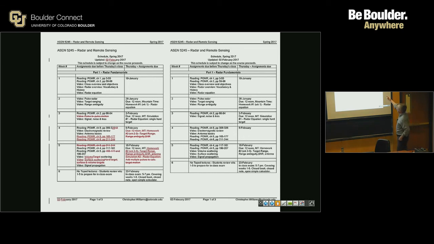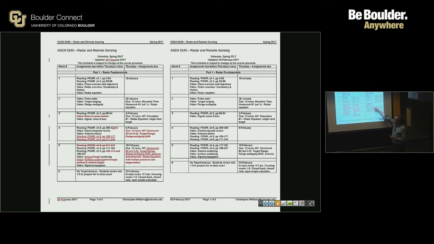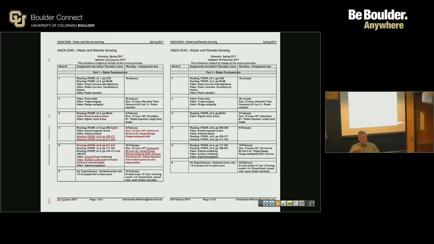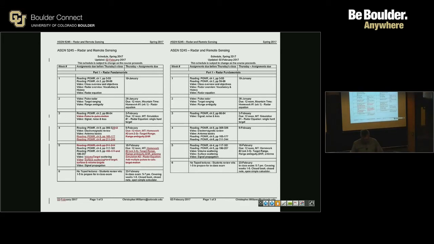But right now, you could describe how radars work at a cocktail party, at that level. I also really want to talk about volume scattering and surface scattering for the exam, because that's how we would be using the radars for environmental purposes.